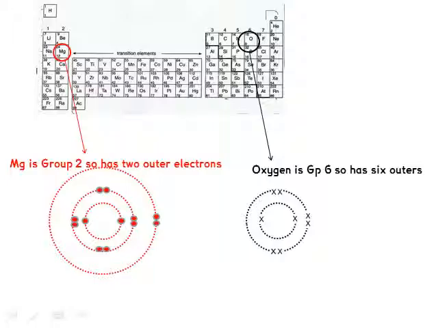Now magnesium isn't in group 1, it's in group 2, so it has 2 outer electrons. The oxygen is in group 6 and has 6 outer electrons, and therefore it needs to gain 2 in order to get a full outer shell. The magnesium needs to lose 2 to drop back to its previous shell of 8.